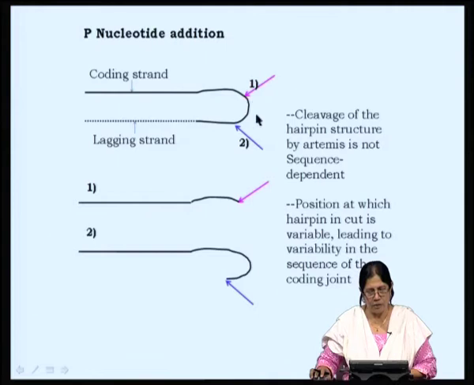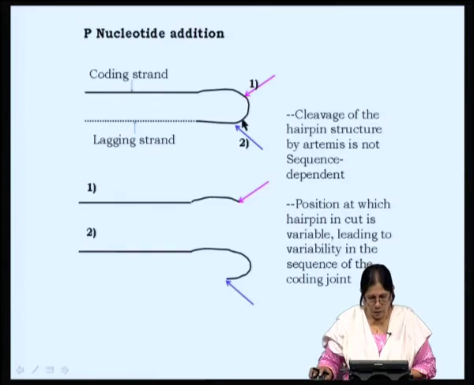Now, let us look at the hairpin structure. There are two instances here. Artemis is cutting the hairpin structure at two different regions. In one, if the cleavage occurs closer to the coding strand, then you would have a much smaller nucleotide sequence from the coding strand, and more than half would go automatically to the lagging strand, which I have not shown over here.